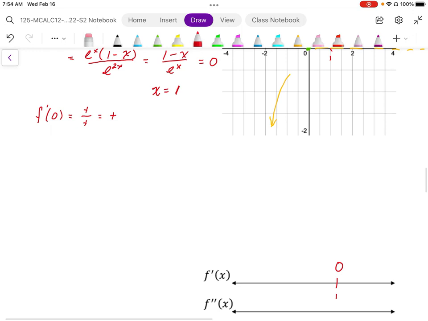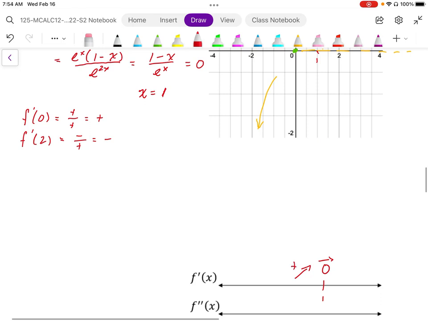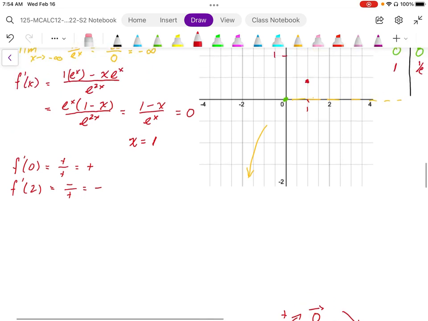So we know it's going up. It looks like a potential max, so we're going to test the slope on the other side of that. So at x equals 2, we're going to end up with negative in the numerator, positive in the denominator. So that's going to be negative slope. So we have positive slope here, negative slope here. So our slope chart indicates that that point is going to be a maximum. So we know it's going to kind of go up like that.